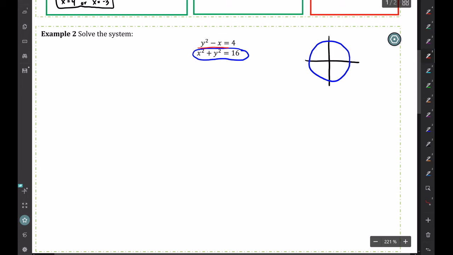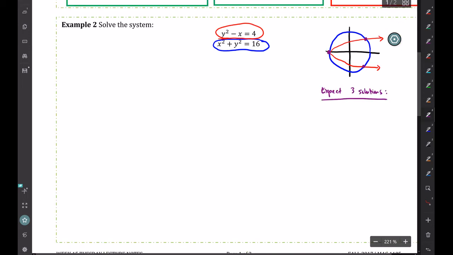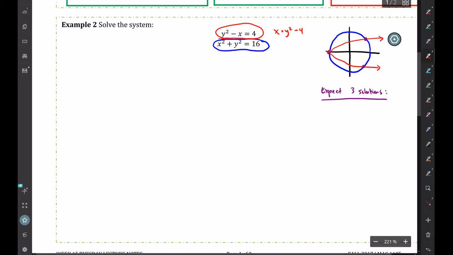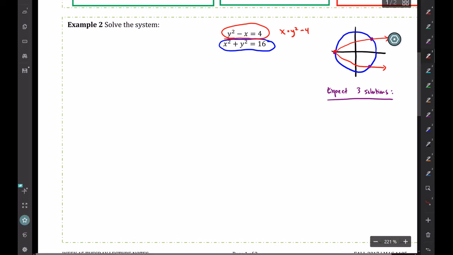My red equation is x equals y squared minus 4, right? So then if x is negative 4, y is 0. That's this point right here. So I'm pretty sure that I'm expecting 3 solutions.